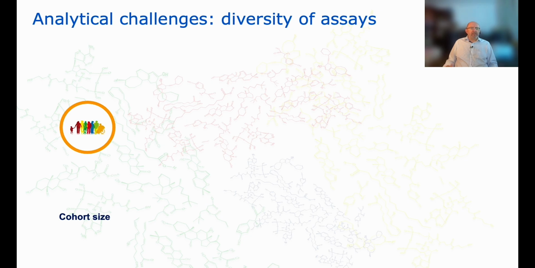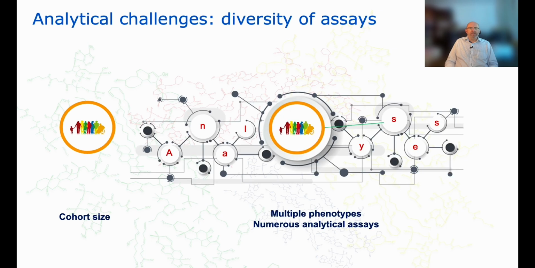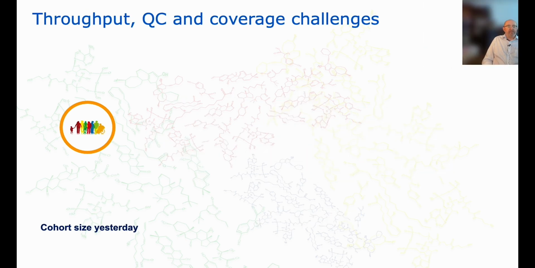The cohort size defines as well your possibility to perform any analytics, and you can imagine that in your own cohort you will analyze different types of omics, whatever, phenotyping, and many analytical assays will be implemented on the same cohort size. This is how it was done, how it will be done, nothing wrong with that. But what we are facing right now is the cohort size, which is growing.